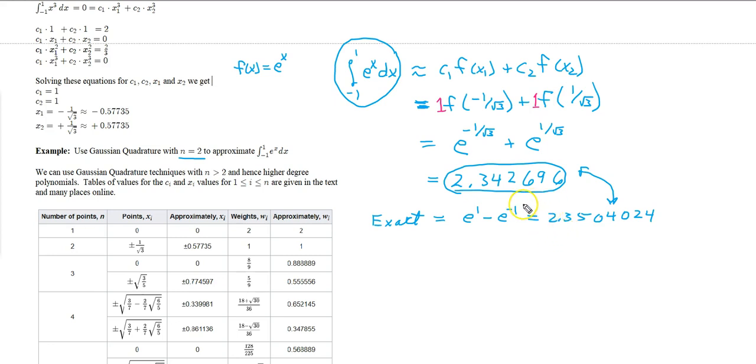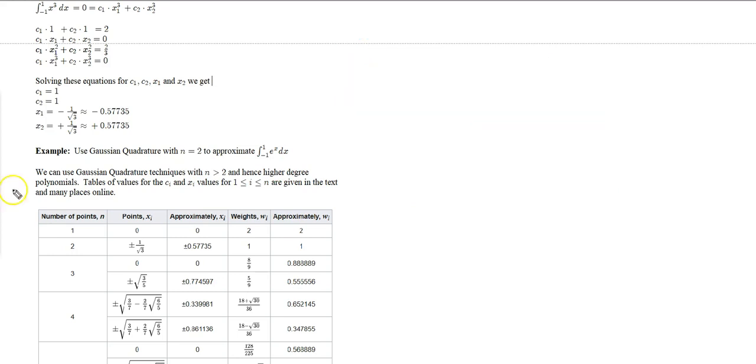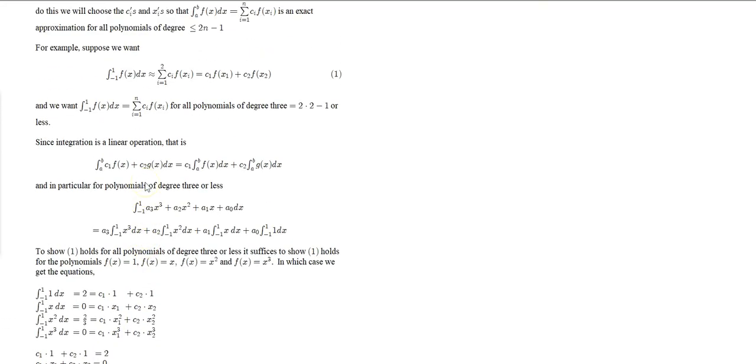Now, when we developed this problem, we only used polynomials of degree 3, or the n was 2 in this case. If we go back to this formula up here, so notice for our starting problem here, the n was 2, and so we were just using this formula right here.